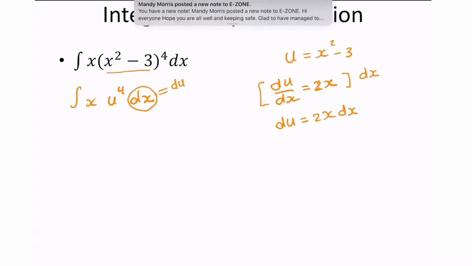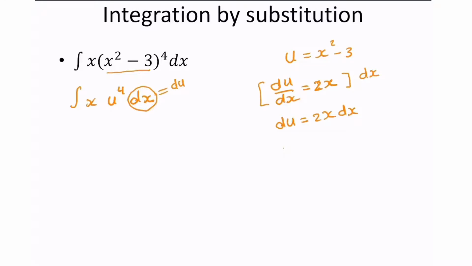I want dx, remember. So dx equals du over 2x, right? dx equals du over 2x.